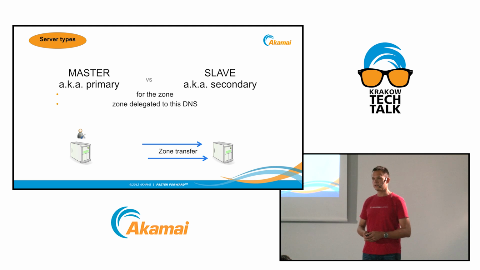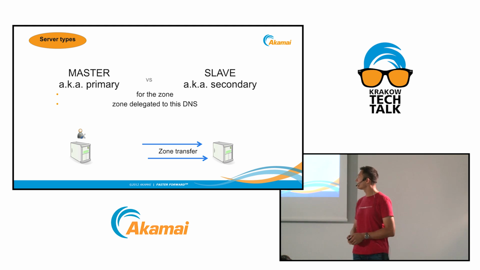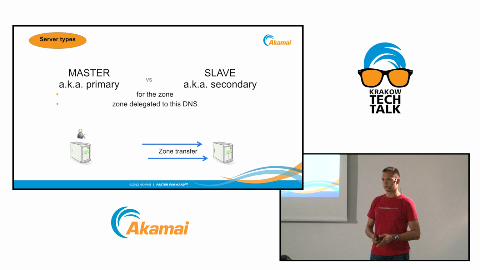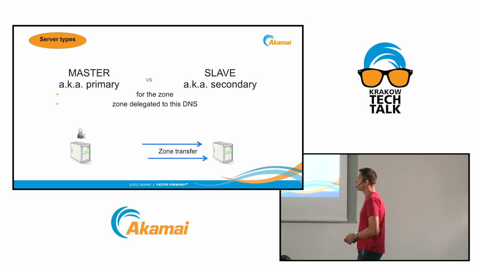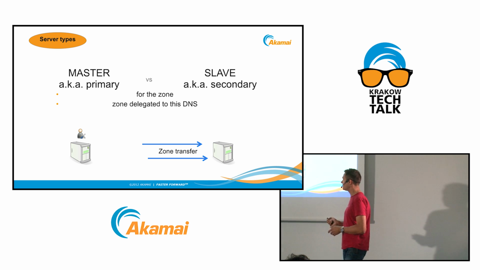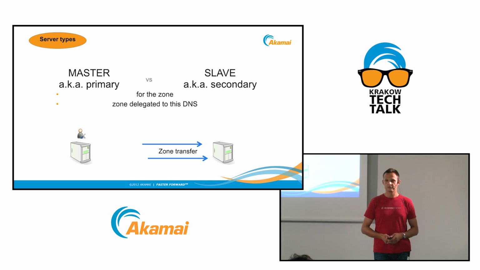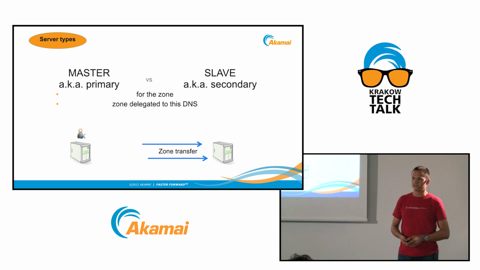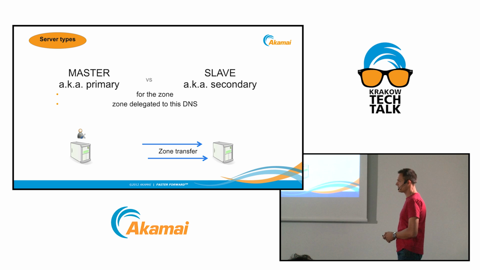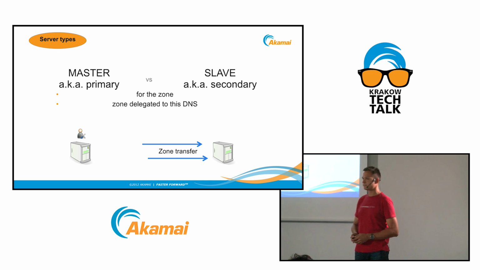Again, this is secondary for the zone, which means that the zone is also delegated to this name server. The difference between master and slave is actually here below. The zone is not updated manually anymore. It is updated automatically by the process called zone transfer.